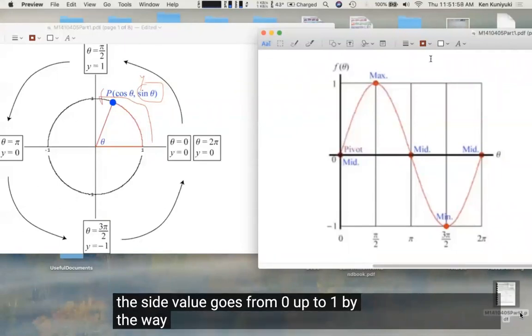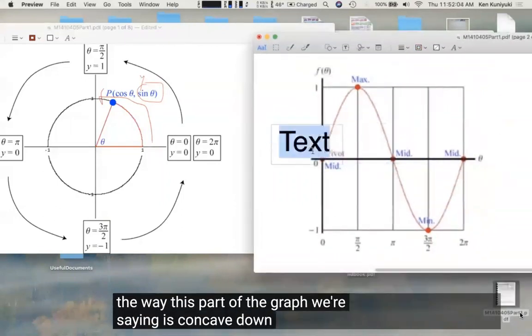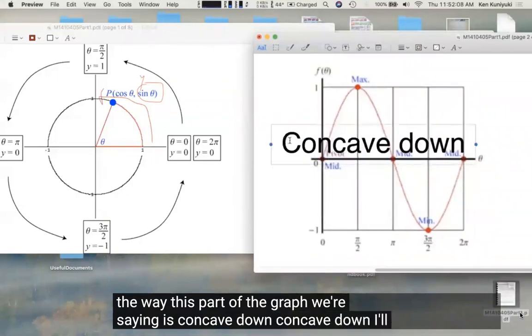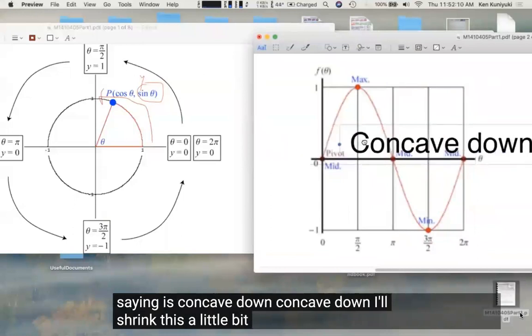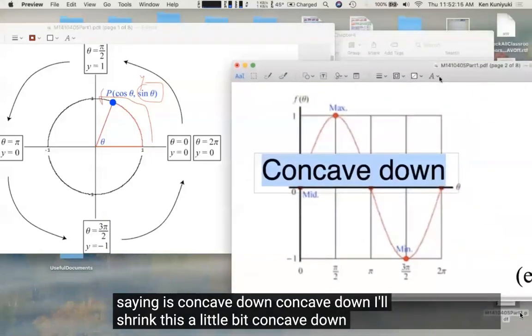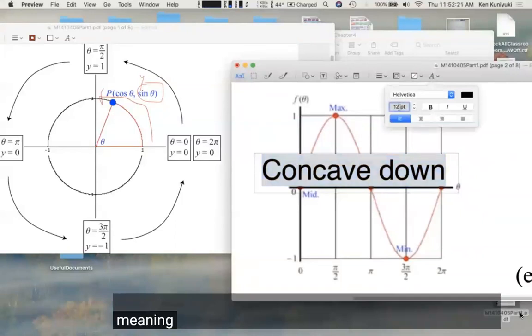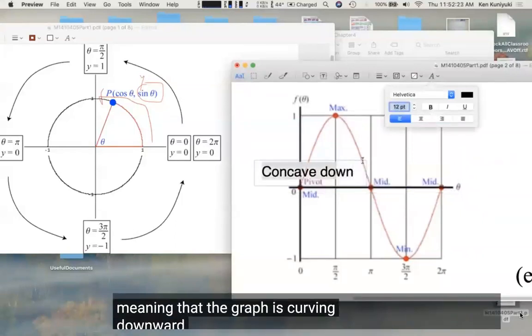By the way, this part of the graph we're saying is concave down, meaning that the graph is curving downward.